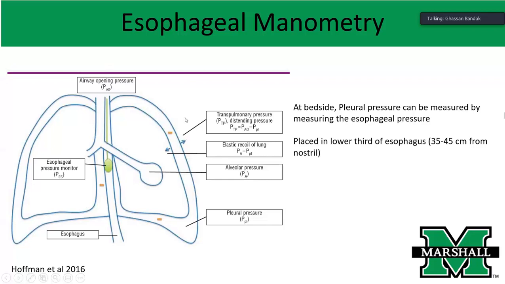And in some conditions, that's a good surrogate. In someone who's not morbidly obese, does not have compartment syndrome, no chest wall deformity, we take this pressure as the true distending pressure, and we say we need the plateau to be less than 30 to prevent lung damage.